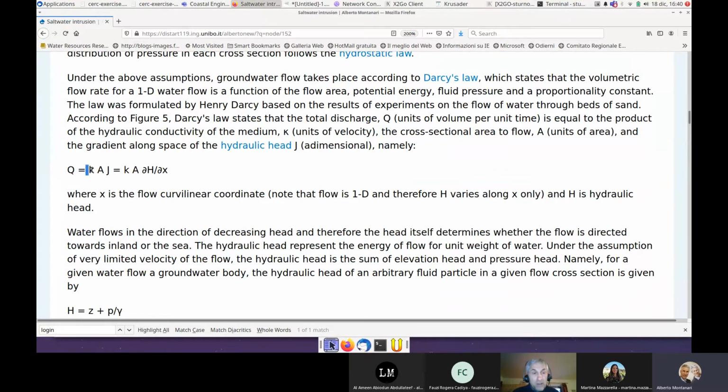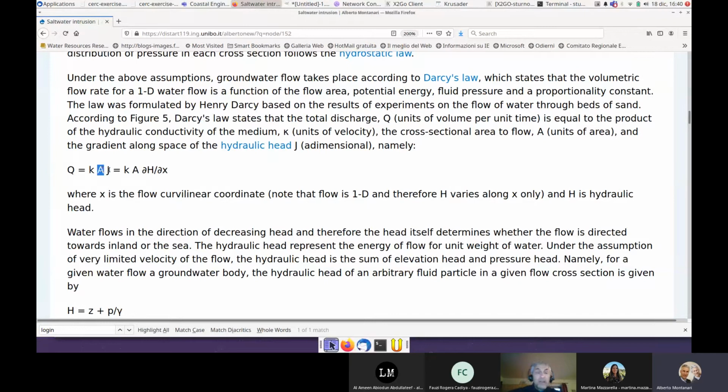The hydraulic conductivity, which has units of velocity; the cross-sectional area of the flow, which we already discussed; times the gradient of the hydraulic head J along the direction of the flow.